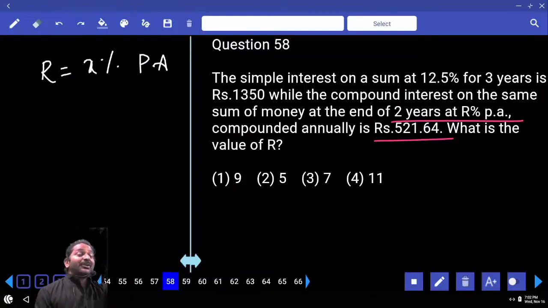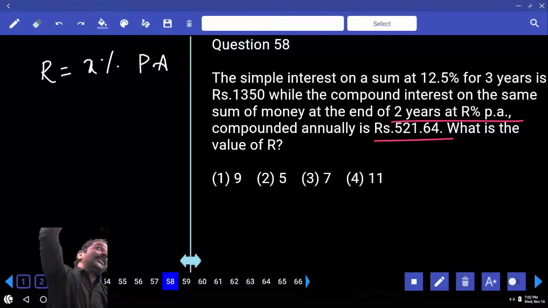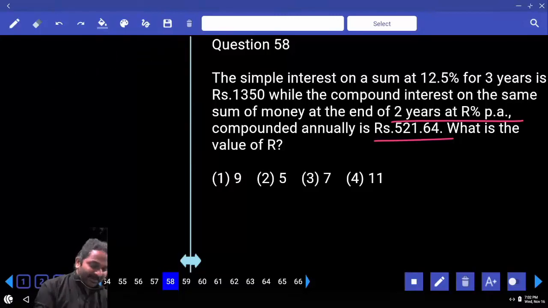For 2 years, what is simple interest? 2x. For 2 years, what would be the compound interest? Is it exactly 2x, or more than 2x, or less than 2x? More than 2x. You know that point, right? Yes, that is enough to answer this question.